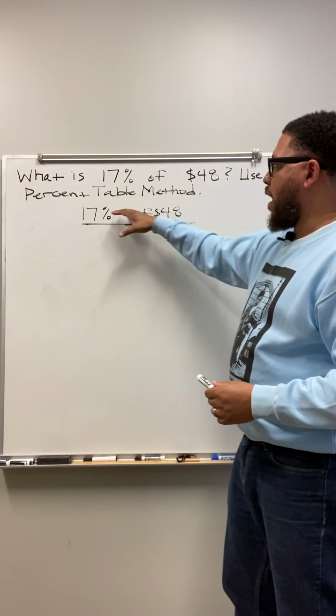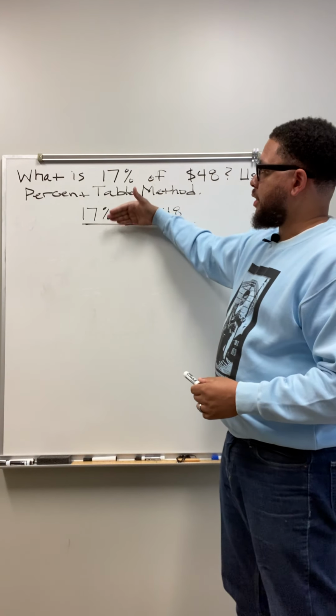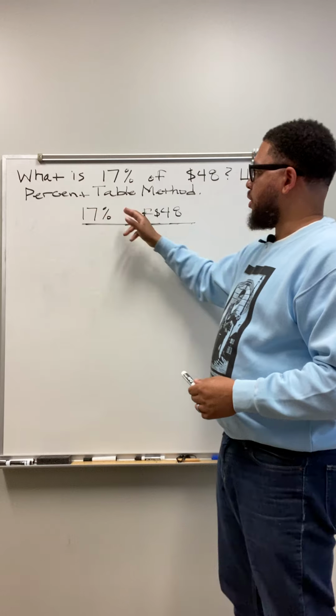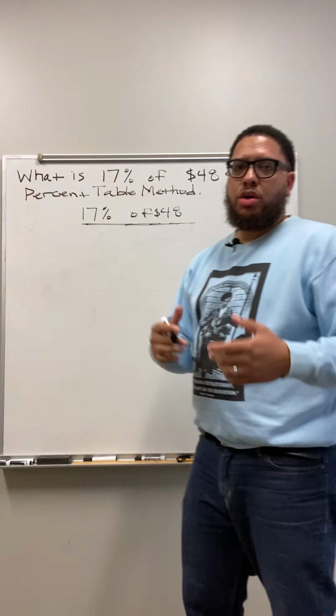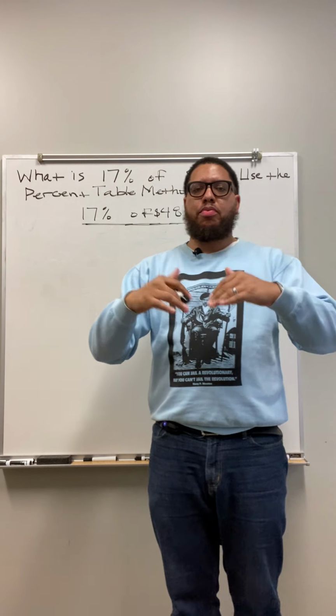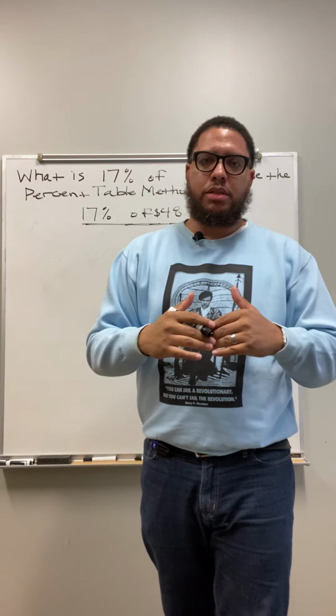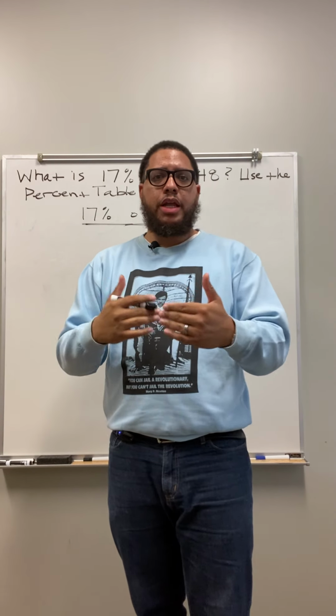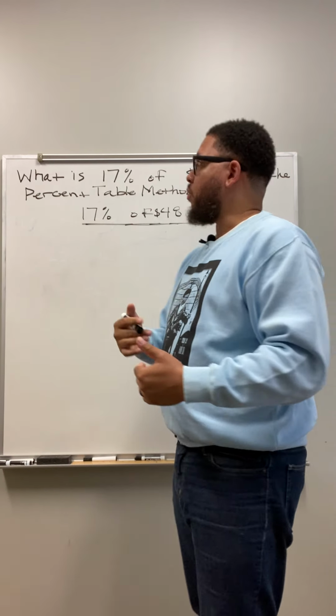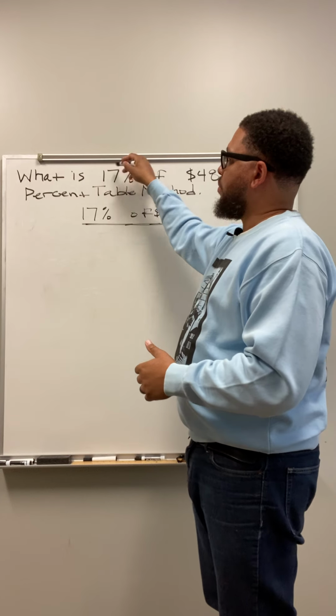Here we have a top row of a table. This is actually outside of the table. So, 17% of 48. Basically, with the percent table method, we take 100% and break it down into manageable pieces. We might break it down into 10% and then use that to arrive at our 17% amount.